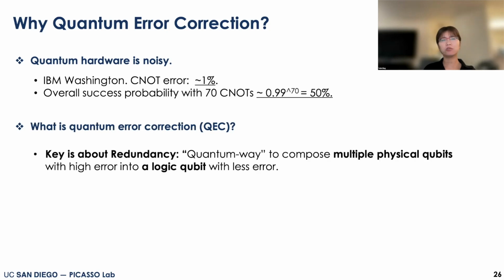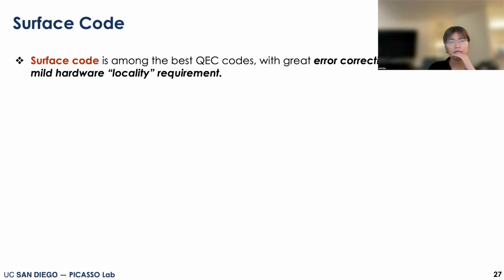The key is to introduce redundancy, in particular a quantum way to compose multiple physical qubits with a high error rate into one logical qubit with a lower error rate. Here I want to use the surface code to give you a more concrete idea. A surface code is one of the best QEC codes, with great error correction capability and mild hardware locality requirements.